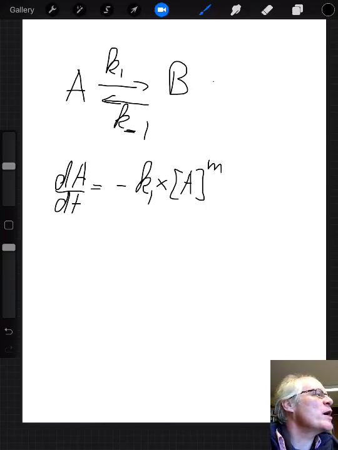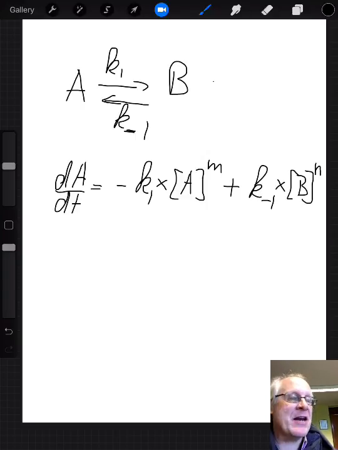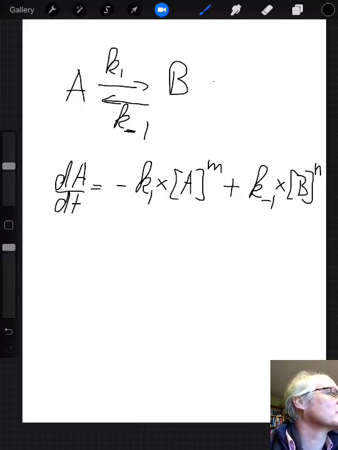And now we also get the reverse reaction. So in this case, we get plus K minus 1 times B to the power of N. Amy, absolutely spot on.